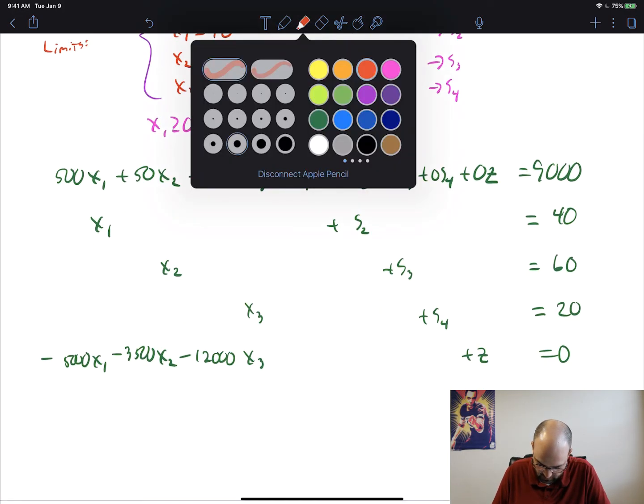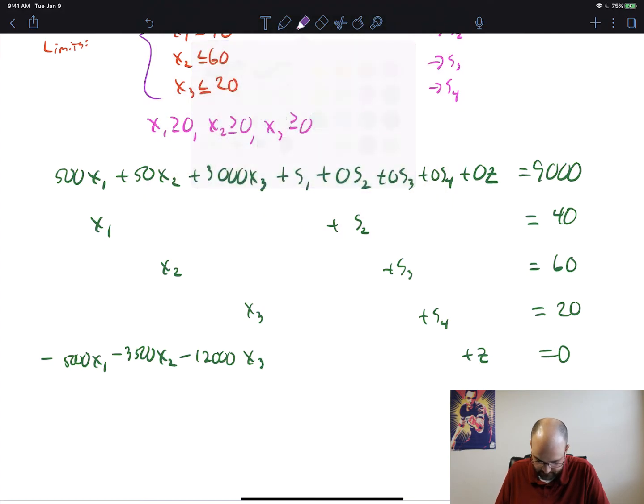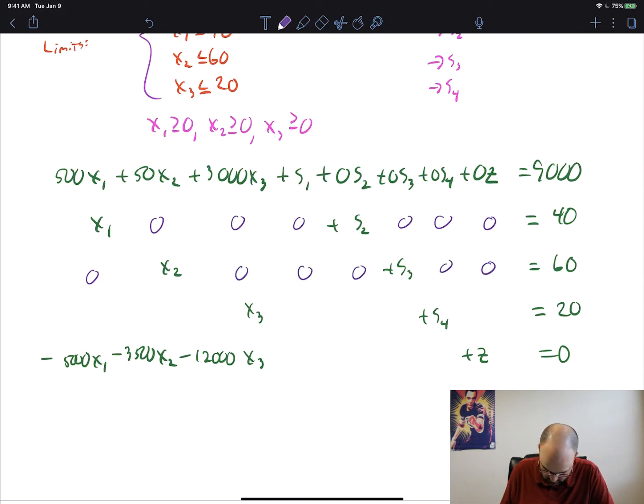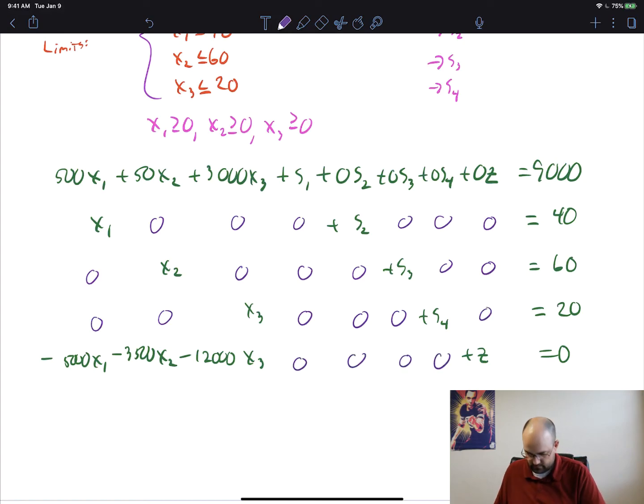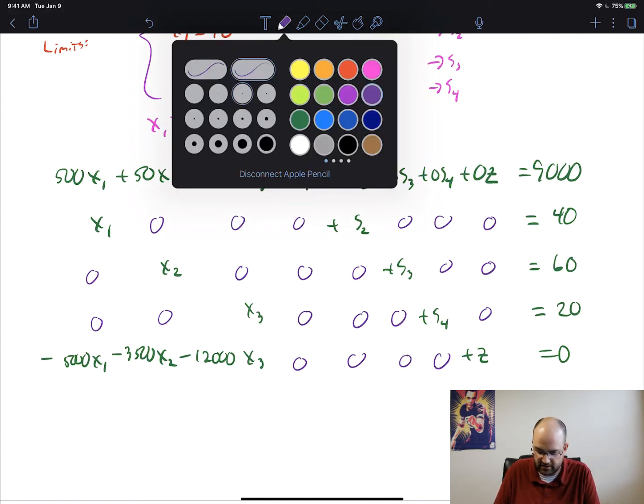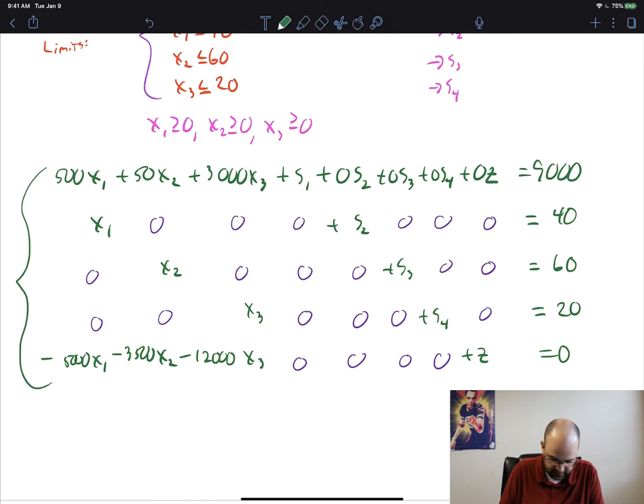Now, just for future reference here, we're going to have a lot of zeros in this. It's important that we see where they are because it might be easy to forget them in the initial simplex tableau.